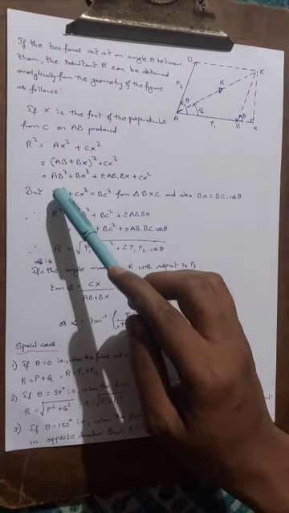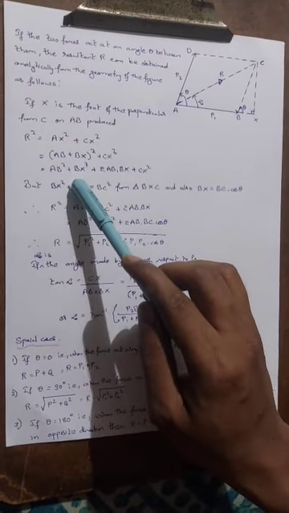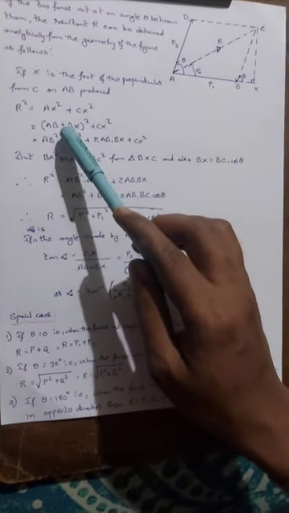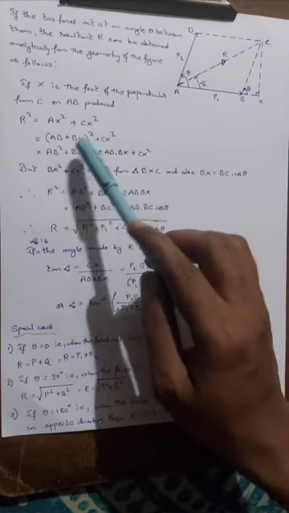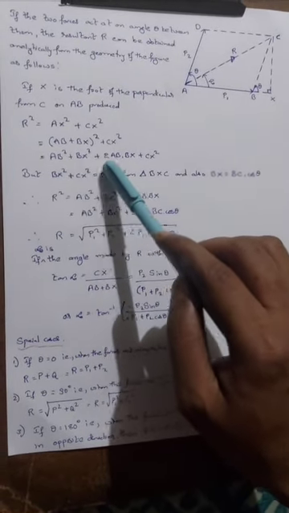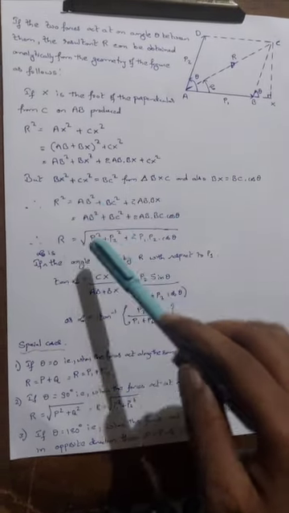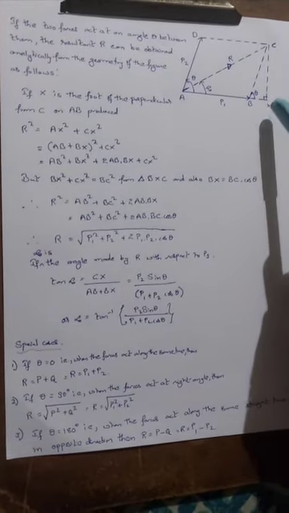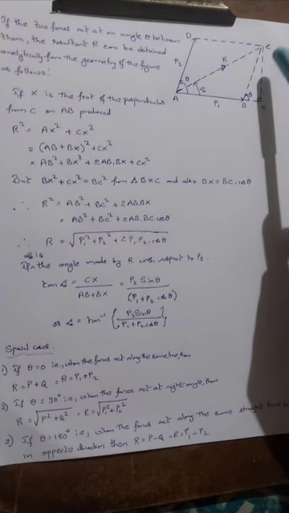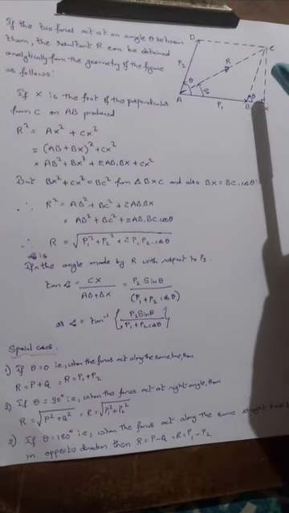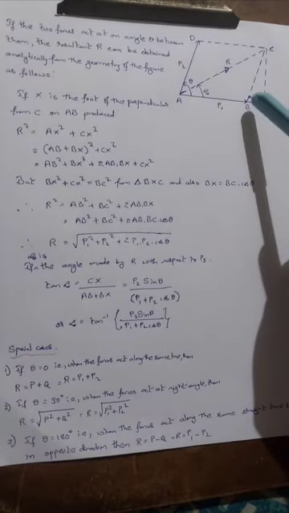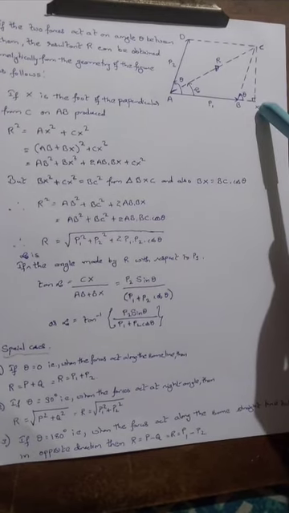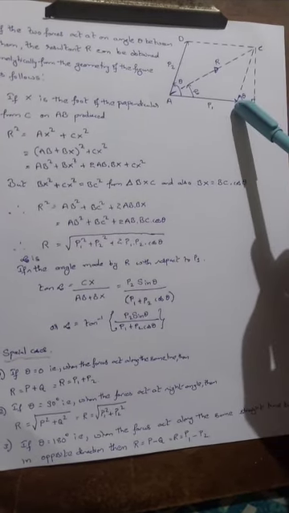AB plus BX whole square is equal to AB square plus BX square plus 2AB into BX, plus CX square. Here we have applied the formula a plus b whole square is equal to a square plus b square plus 2ab. But here we have to look into that BX square plus CX square is equal to BC square by the Pythagoras theorem from triangle BXC, and also BX is equal to BC cos theta.